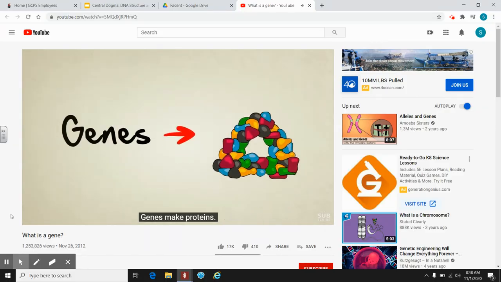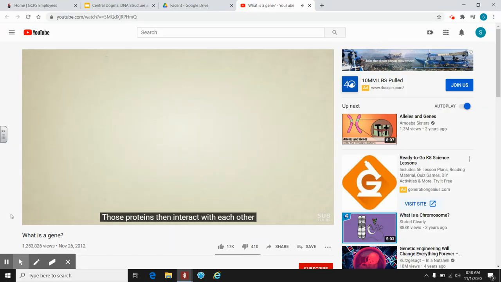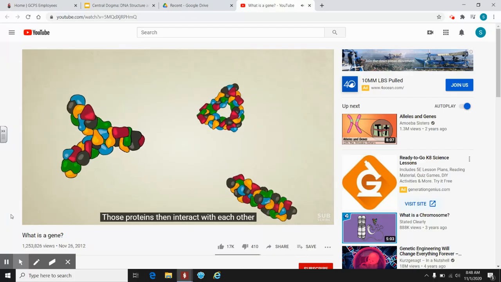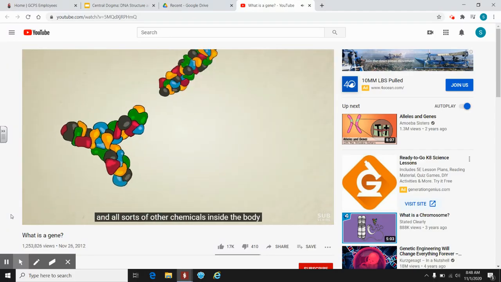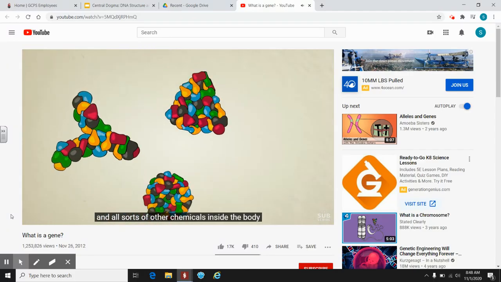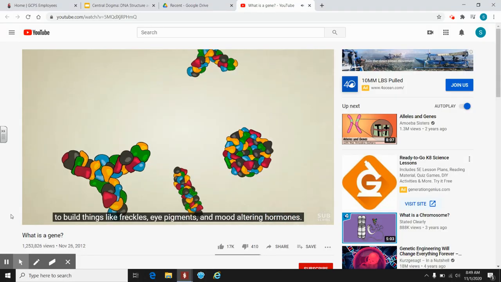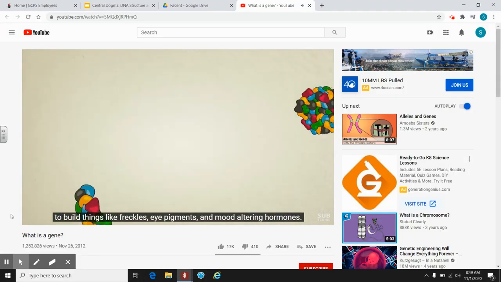Genes make proteins. Those proteins then interact with each other and all sorts of chemicals inside the body to build things like eye pigments, freckles, and mood-altering hormones.